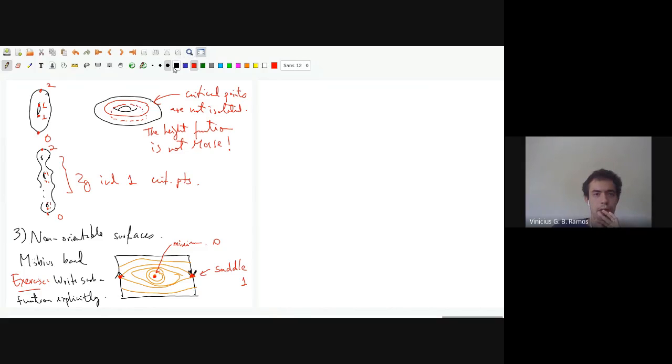Okay. So now let's look at the next non-orientable surface, which is RP2. You can think of it as a disk where the boundary is identified like this. So similarly, you can define a Morse function that goes like this.